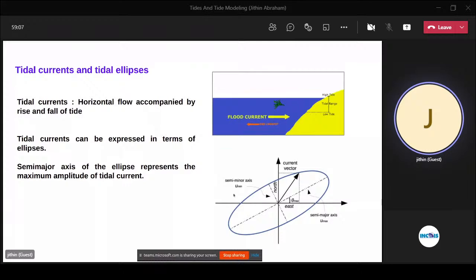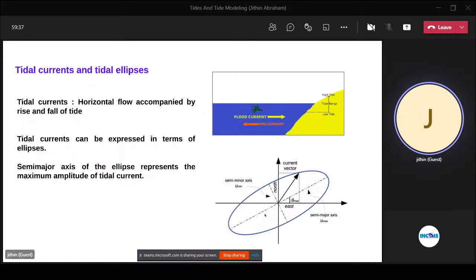The semi-major axis of this tidal ellipse usually represents the maximum magnitude of tidal currents, the semi-minor axis represents the minimum magnitude of tidal currents, and the orientation of this tidal ellipse gives the direction of tidal propagation.